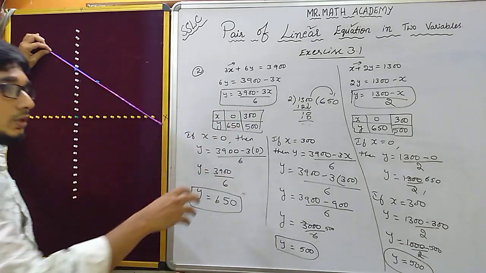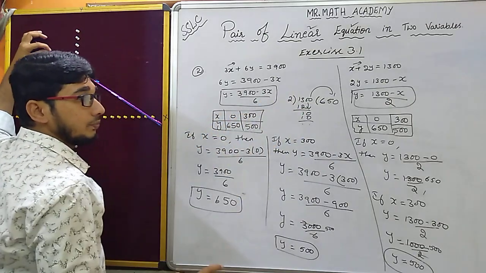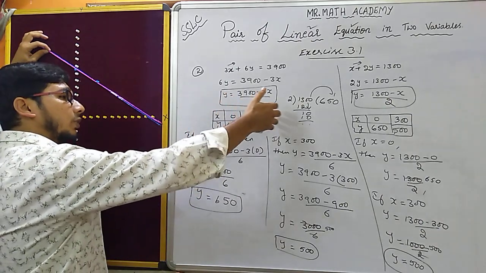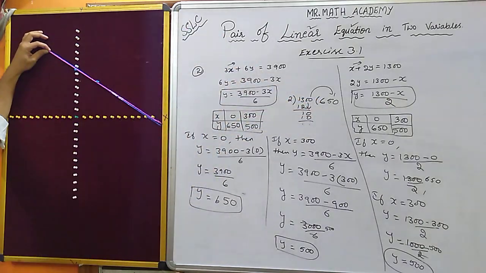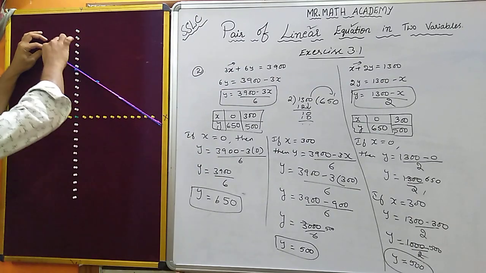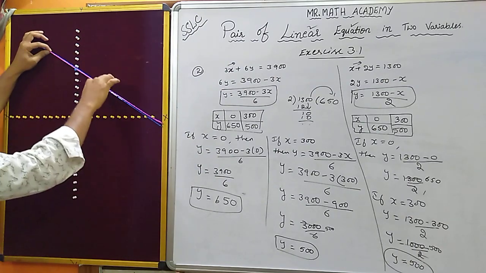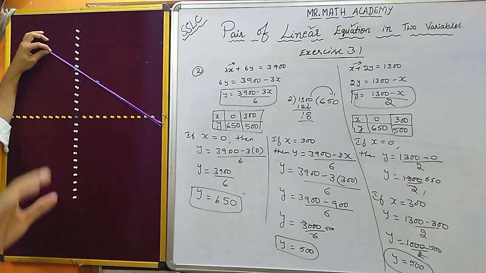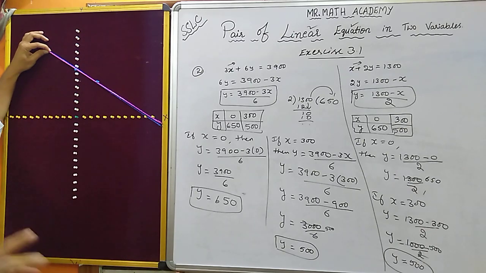Values will keep changing, but the values on both sides will be the same. How many numbers will you put here? So many values you will get. That is the reason when the lines coincide on one another, you will get infinitely many solutions.